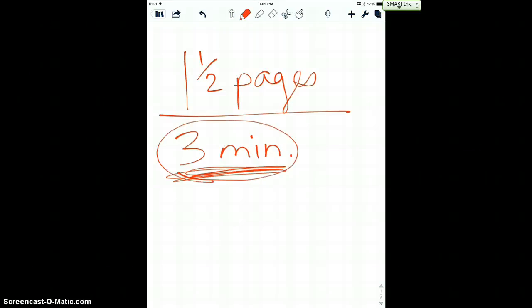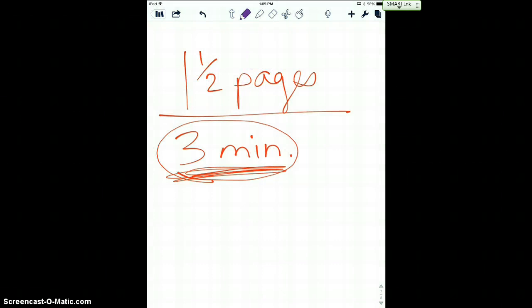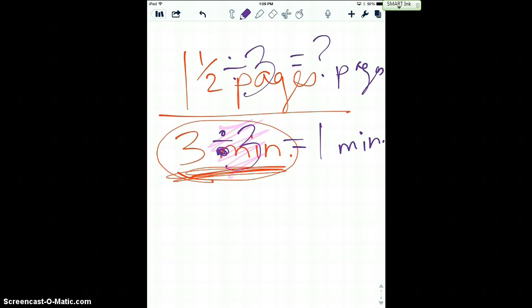So asking yourself, how can I change 3 minutes into 1 minute? By dividing it by what? Itself, 3. So that'll give me 1 minute. So I'm going to have to do the same thing to the numerator. Divide 1.5 by 3 to give me some number of pages per minute. So how do I do 1.5 divided by 3? Going back to first semester, I need to change 1.5 to an improper fraction.